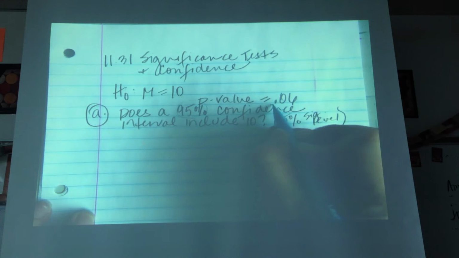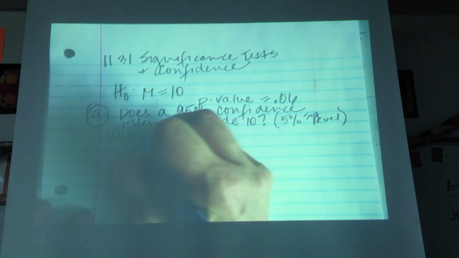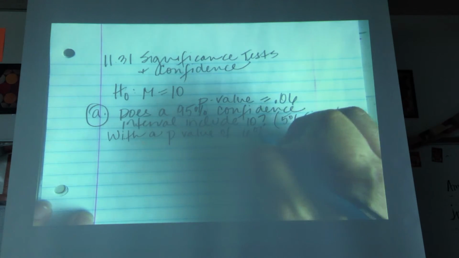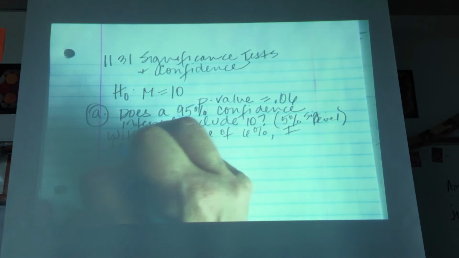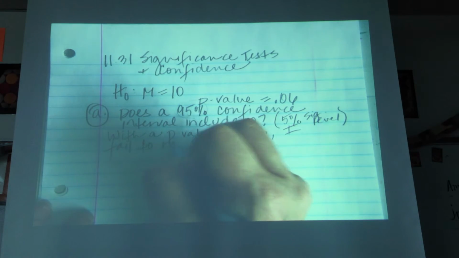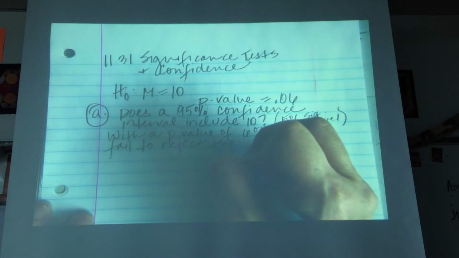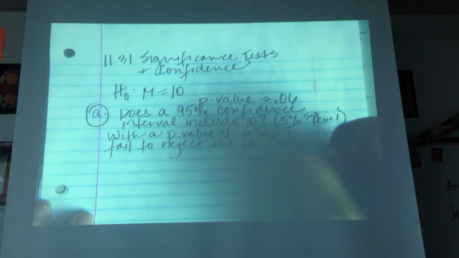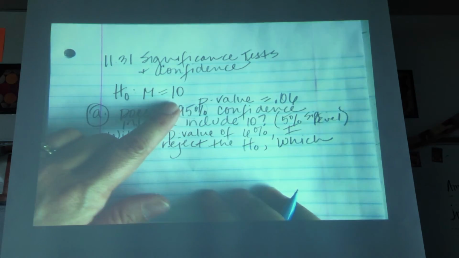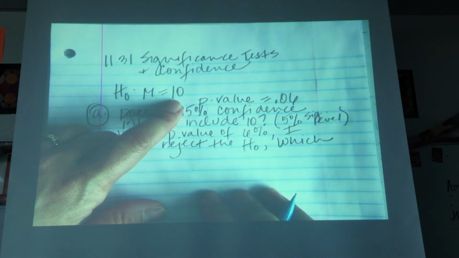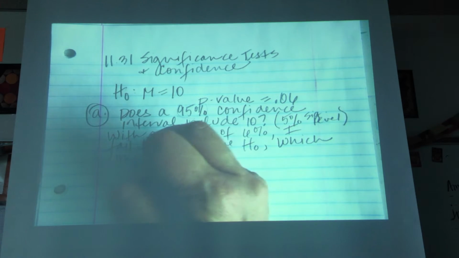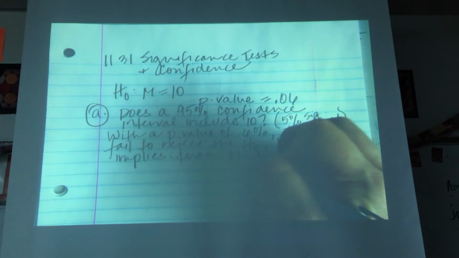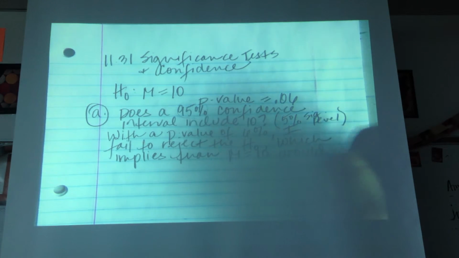In this case, with a p-value of 6%, I fail to reject the null, and since I can't reject the null hypothesis, it must mean then that 10 is in that 95% confidence interval, which implies that the mean of 10 would be included in the interval.